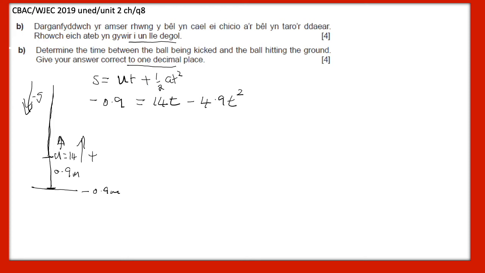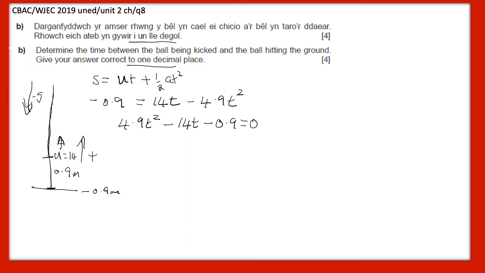So I've now formed a quadratic. If I want to solve that quadratic, it's got to be equal to 0. Now, I personally always like my square term to be positive. So therefore, I'm going to treat my quadratic as this. But I've formed the quadratic, which means I'm actually doing most of the marks already. Now I need to solve it.